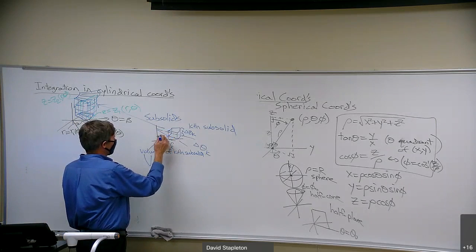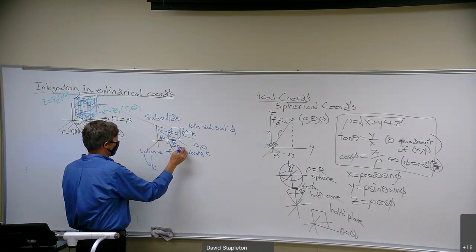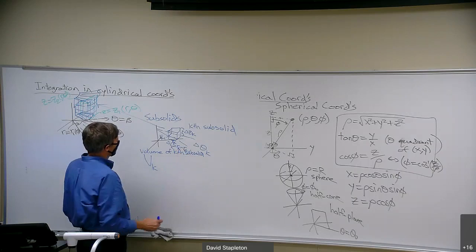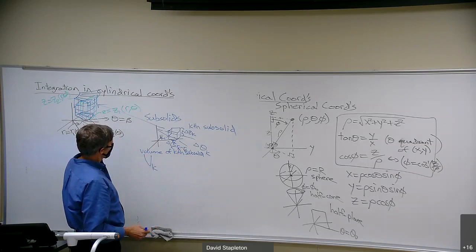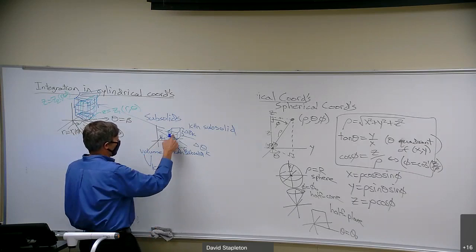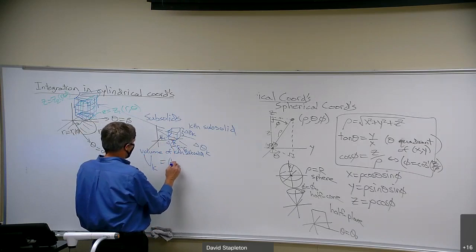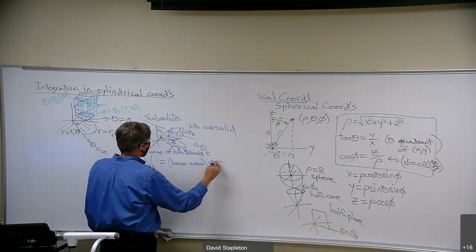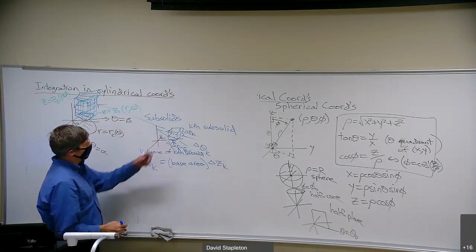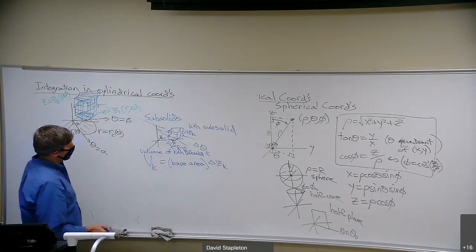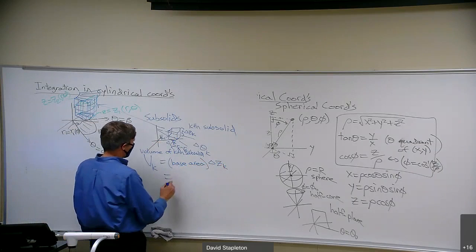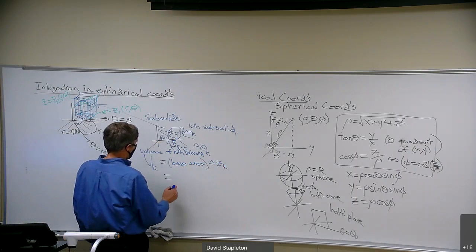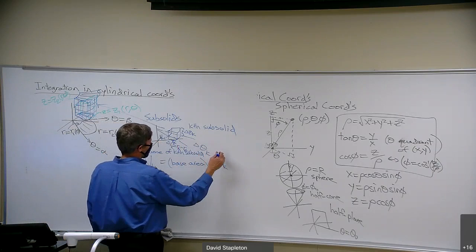This is your radius rk minus 1. This is your radius rk, and delta rk is rk, the k-th radius, minus the k minus 1 radius. And the area of the base needs to be multiplied by the height, delta zk, right? So base area times height gives you the volume. But what's the base area? Well, it's a piece of a sector, right?